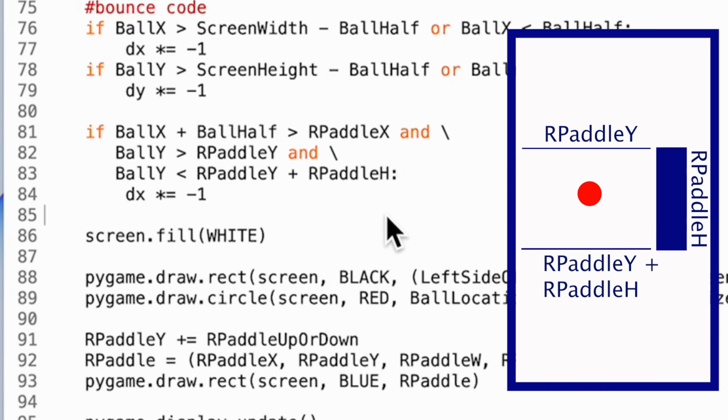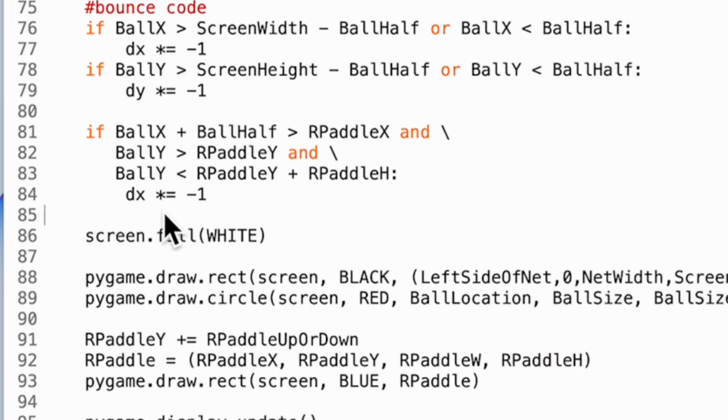So we're looking to see if the y is greater than the paddle y and less than the top of the paddle plus the height of the paddle. And if all that works out, then we reverse the direction and off we go.